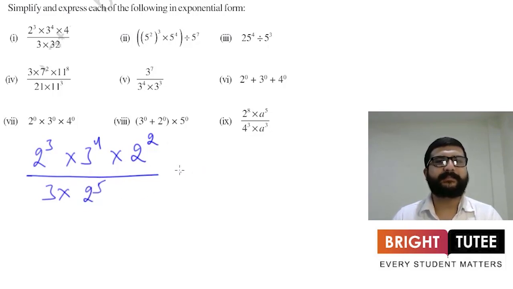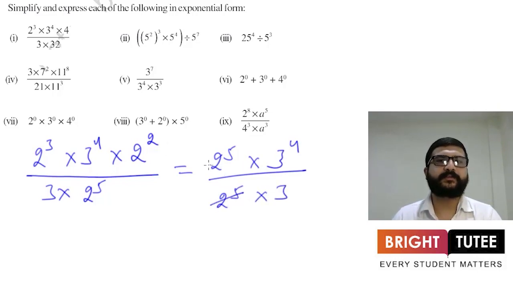Now let's simplify this. In numerator we will have 2 to the power 3 into 2 to the power 2, which is 2 to the power 5 into 3 to the power 4 divided by 2 to the power 5 into 3. Now 2 to the power 5 and 2 to the power 5, they are cancelled out. Now we are left with 3 to the power 4 divided by 3.